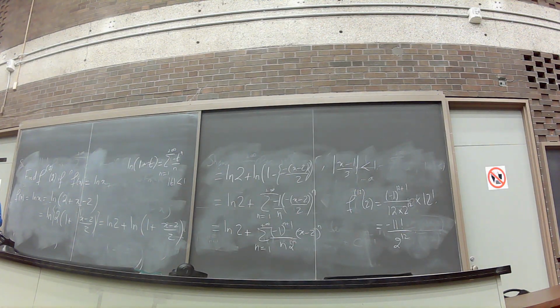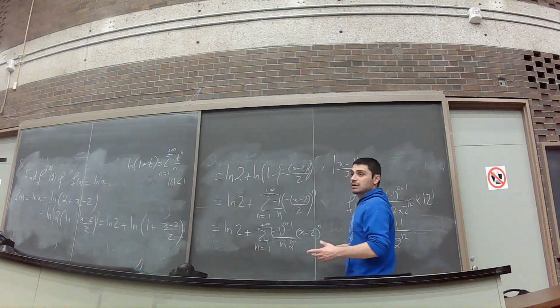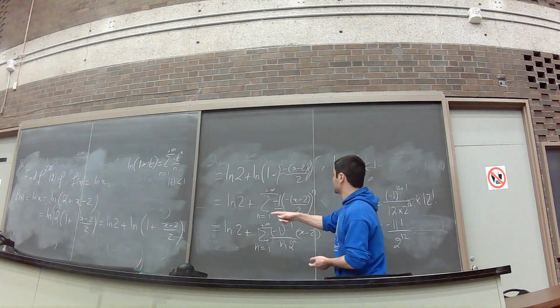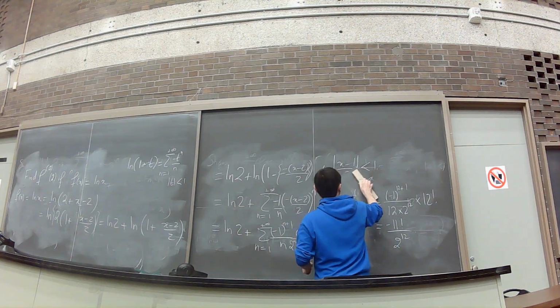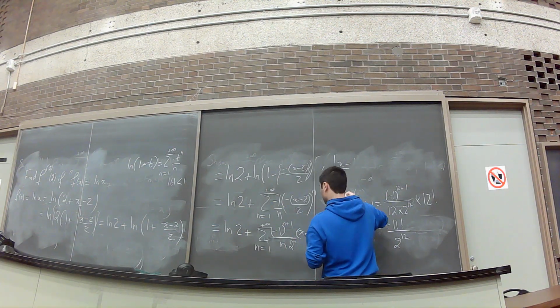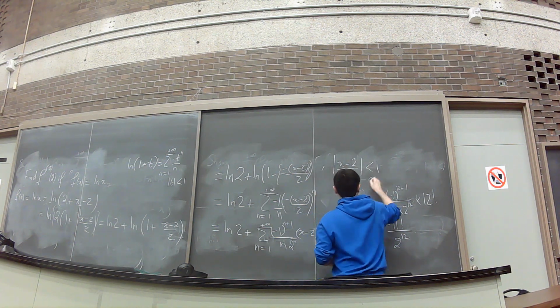Yes. For the (x - 2) to the power of n, x takes the value of 2? Does x take the value of 2? No. When you're looking at, well, it could take the value, let me just say something here. |x - 2|/2 is less than, very important, less than 1.